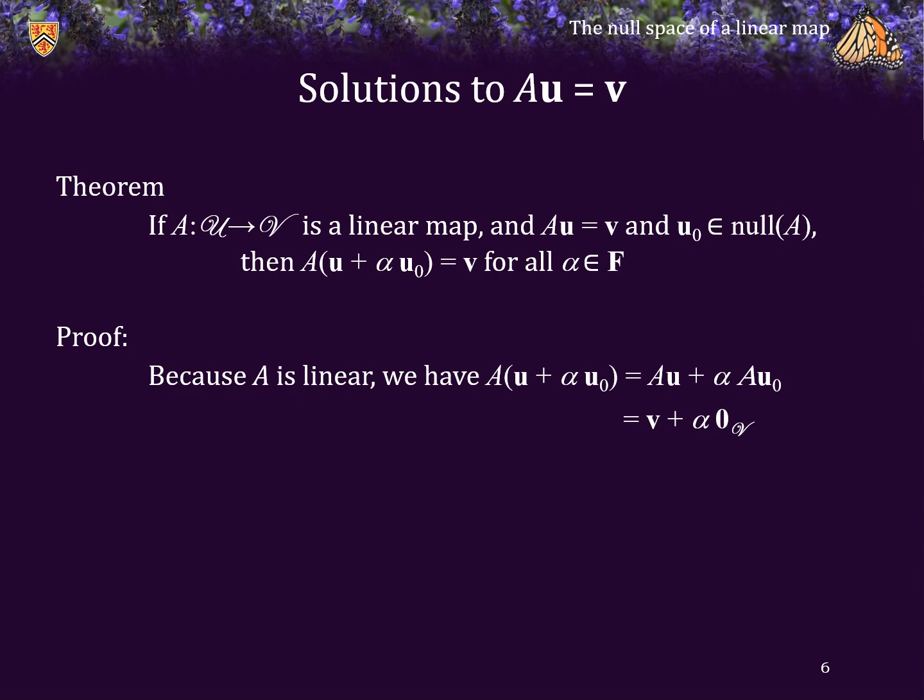And of course, any scalar times the zero vector is equal to the zero vector, and any vector plus the zero vector is equal to that vector. Consequently, u plus alpha times any vector in the null space is also going to be mapped to the same value as u. This should sound familiar from previous classes.